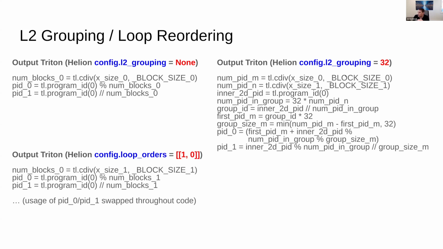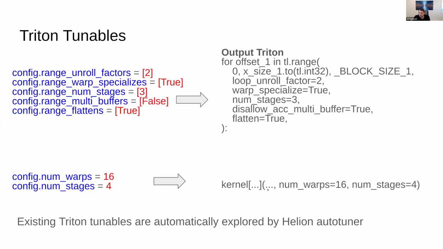And then there's also an L2 grouping optimization. This does some blocking in 2 dimensions to increase reuse for matmul algorithms and have better cache efficiency. These types of PID reordering optimizations are automated and auto-tuned over.